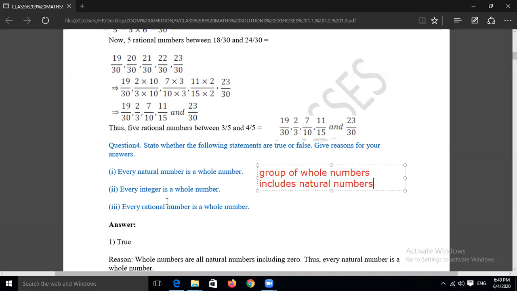Every integer is a whole number? No, every integer can't be a whole number, because an integer can be negative.